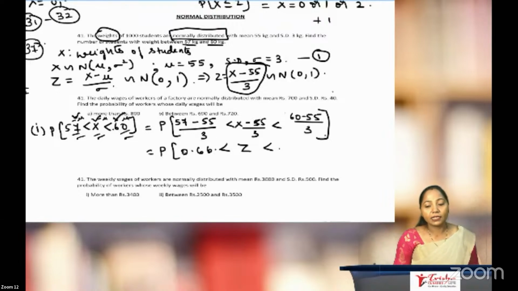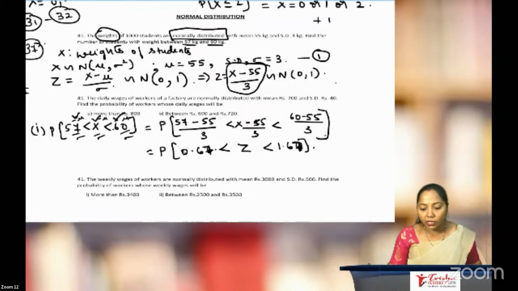It is 1.66 or 1.67. Is it recurring? Yes, so we can take it as 0.67 and 1.67.